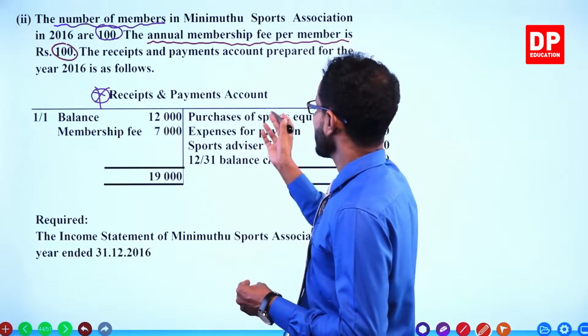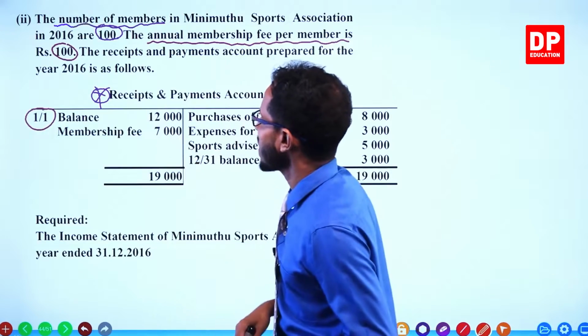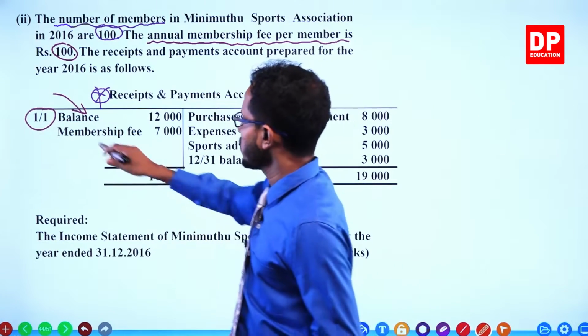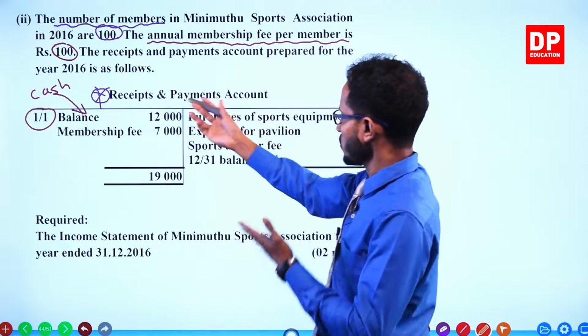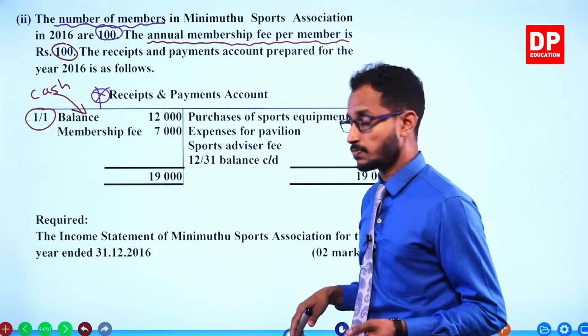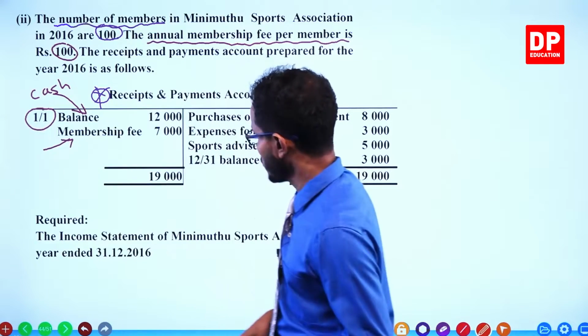Receipts and payments account is given. Balance at 1st January, 12,000 cash balance they already have. The balance of the receipts and payments account indicates the cash balance because it's a cash book. Membership fee received 7,000.